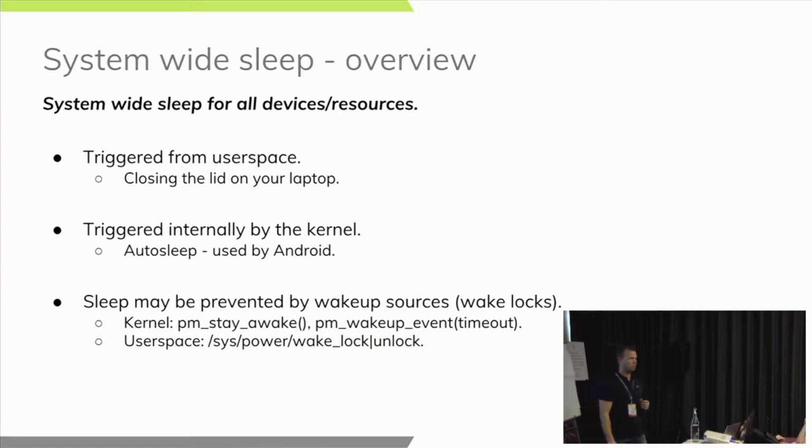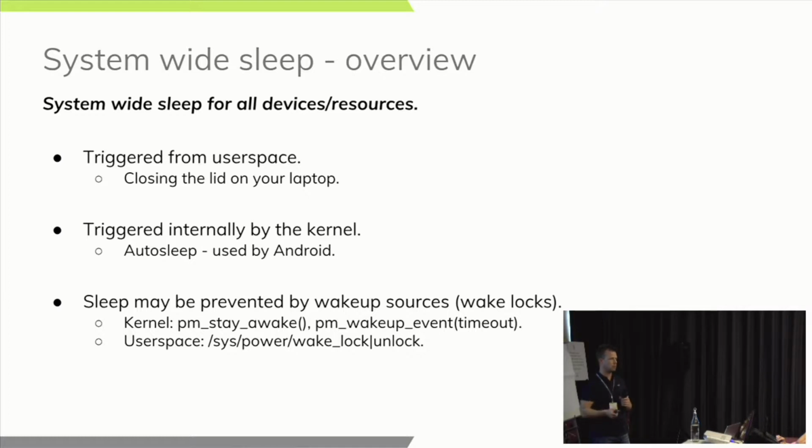For those of you who have been working on Android, you know it's a little bit different there. There's some more mechanism inside the kernel to do this, and that feature is called auto sleep. You can consider it a deferred timeout that keeps elapsing and being rescheduled, and it checks if the system is ready to go to an idle state. If no one is preventing it, it will go to the system-wide sleep state.